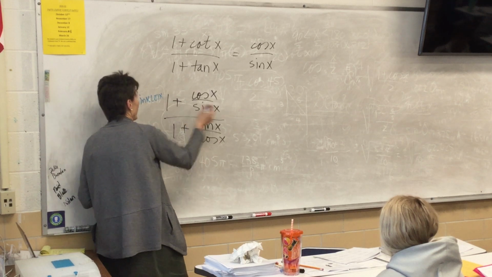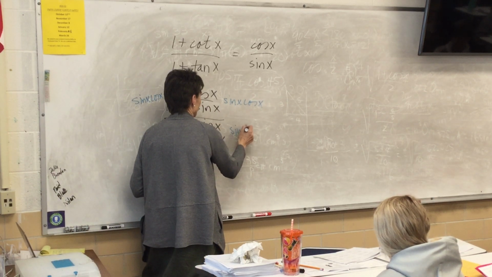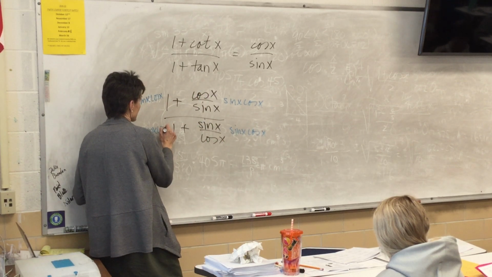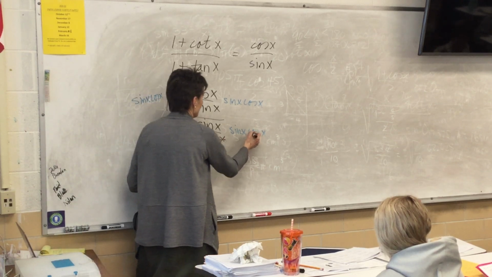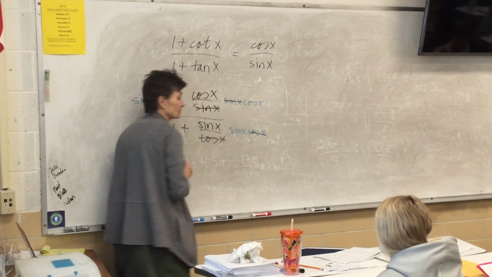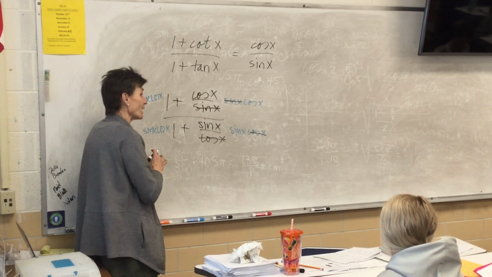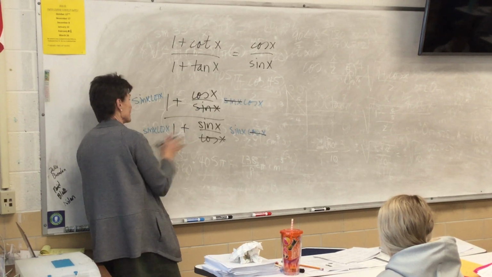So I'm going to multiply everything by sine cosine. The reason I'm doing this is it is going to cancel these denominators. So now I still have a big fraction, but it's one numerator and one denominator.